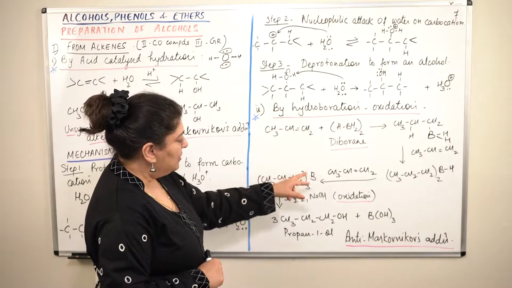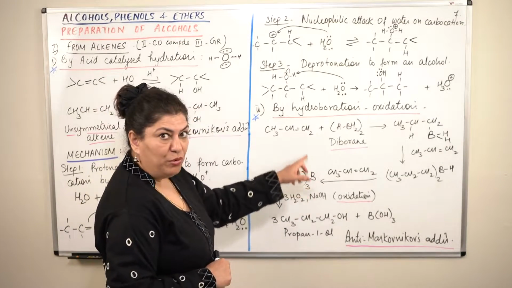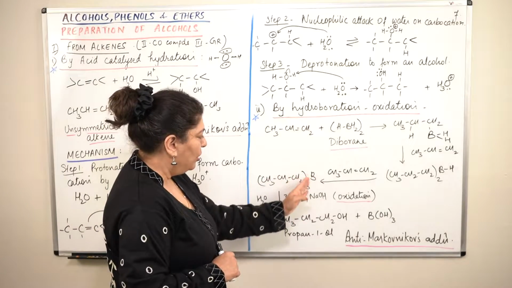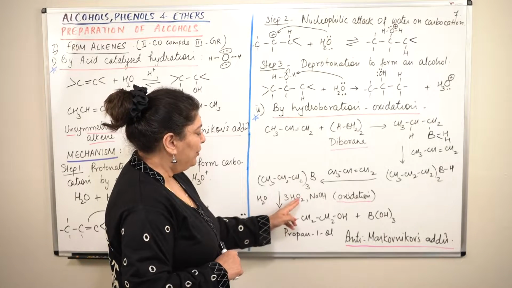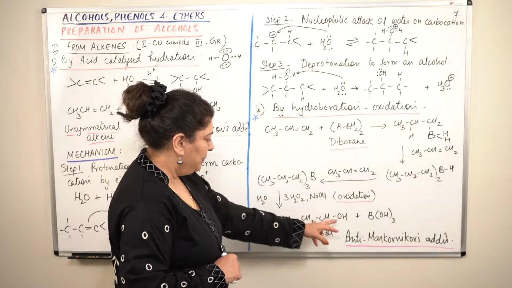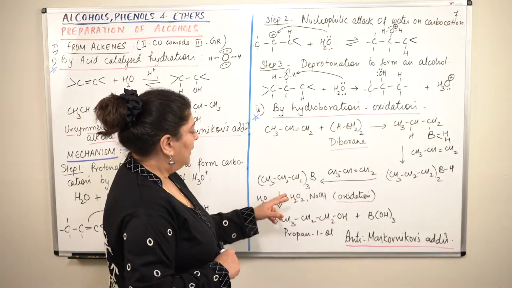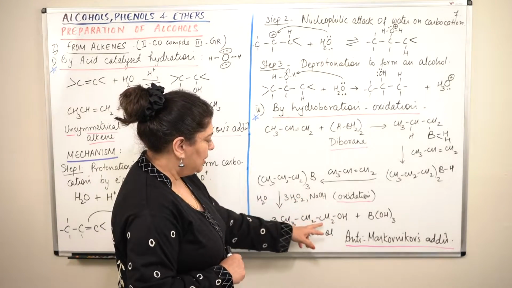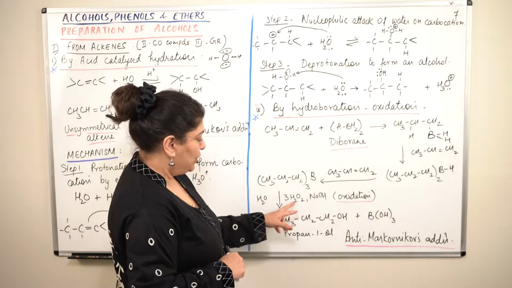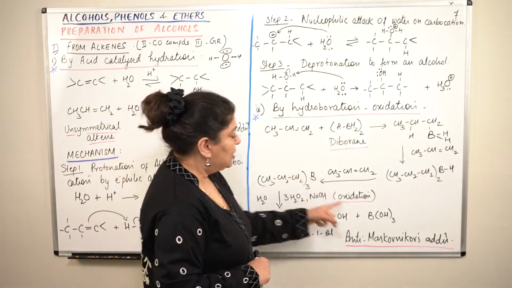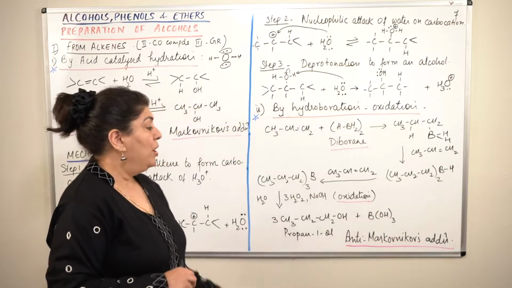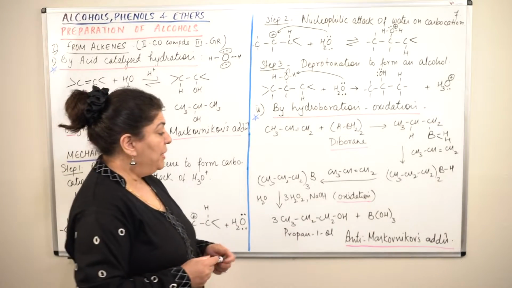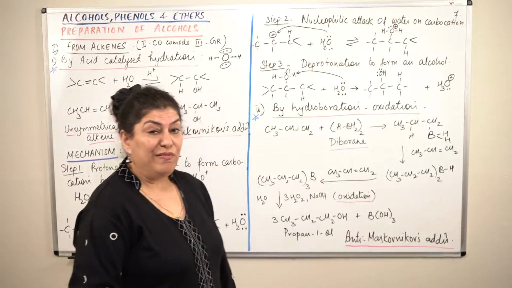The three bonds with boron will break, and at all three places where boron broke, one of the OHs will come and attach itself to the terminal carbon, and the three OHs which are left will attach themselves to boron to form boron trihydroxide, B(OH)3.